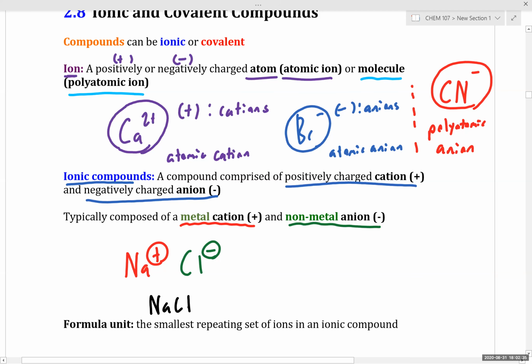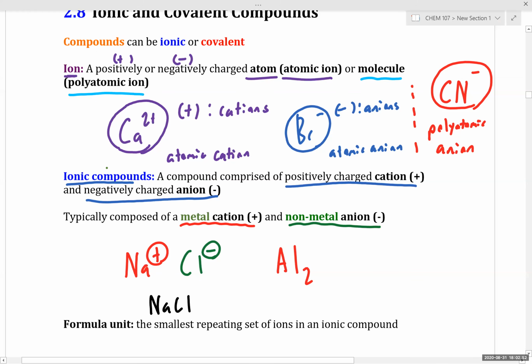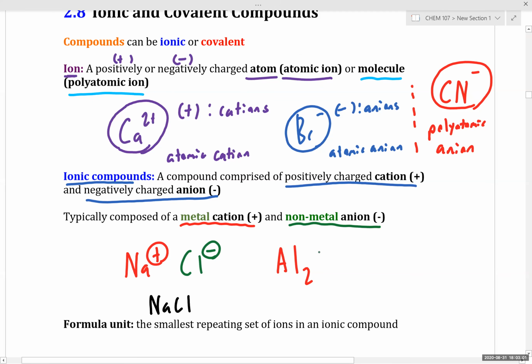Now, we don't just have to have a 1-to-1 ratio. We can also have formulas where we have different numbers of our cation and anion. An example of this would be aluminum oxide, which is formed from an ionic bond between a set of aluminum cations and oxygen anions.